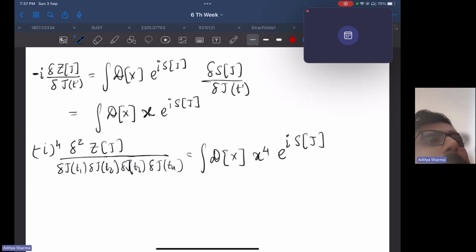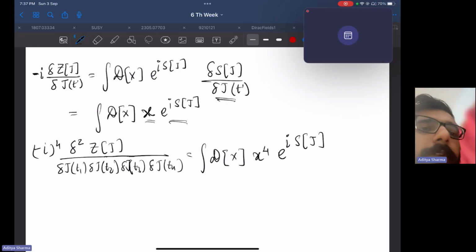The reason is because we're going to perform this and then you are going to get this. When you perform this again, the functional derivative won't touch this. It will just touch this again. You're going to get another x, and another x, and another. So like this, you're going to get this. Right?